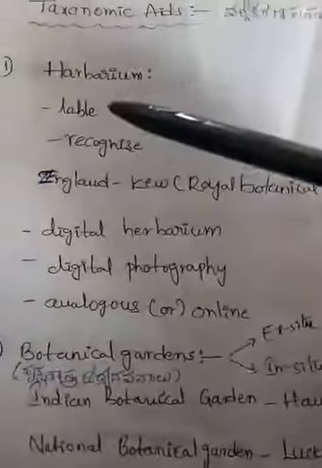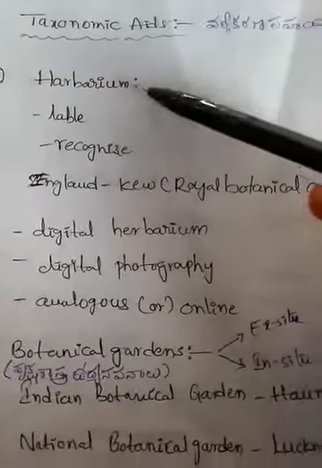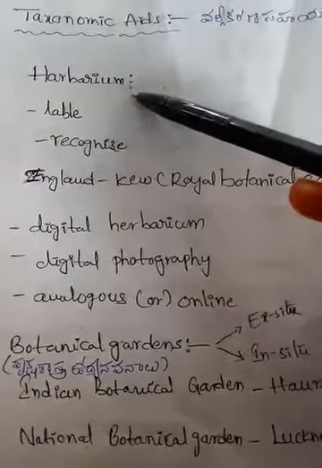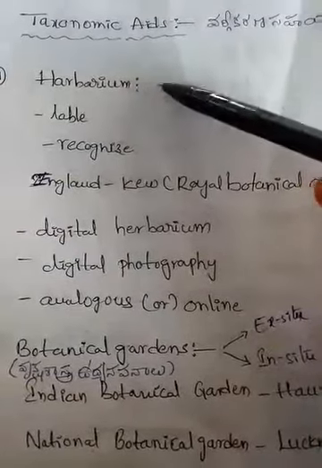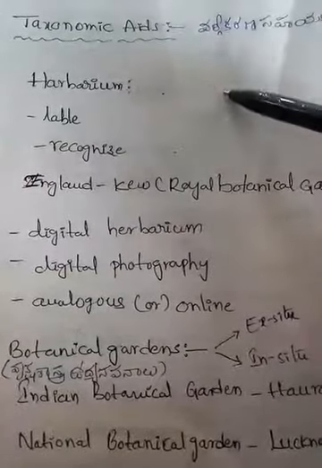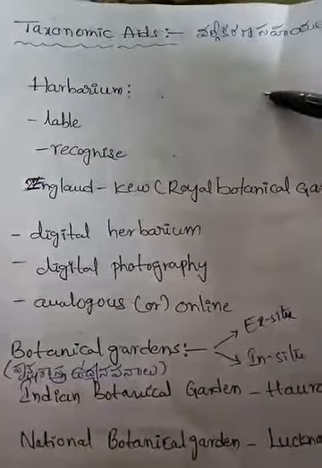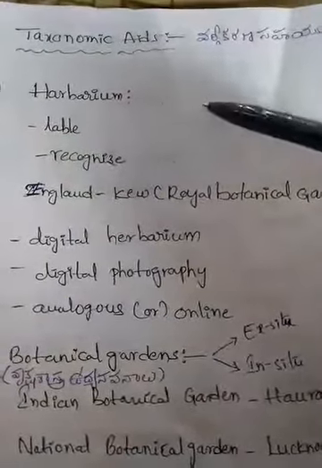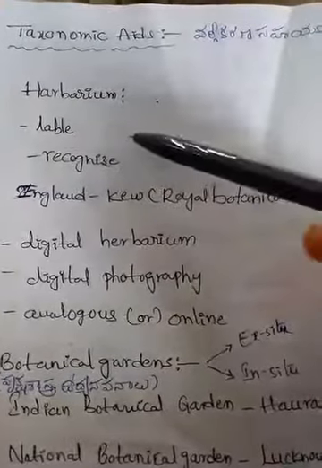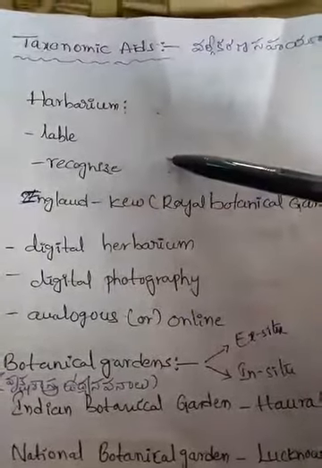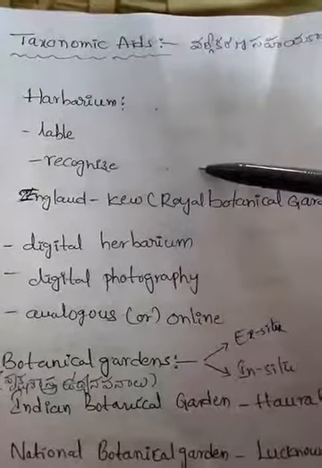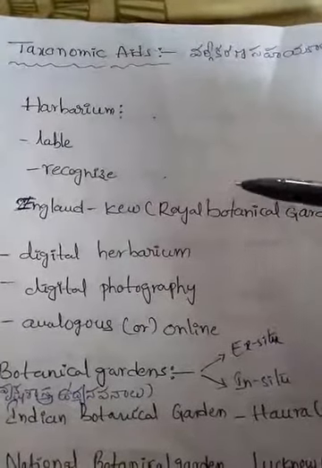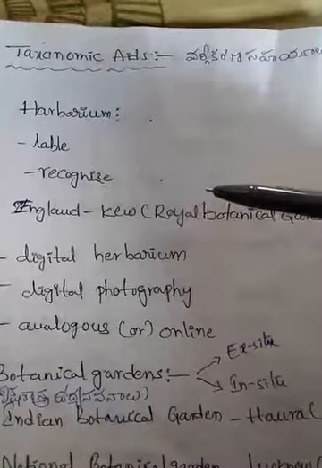Now we see the first one, herbarium. Do you know about herbarium? What is herbarium? It helps in easy identification of plants, and it helps as a quick reference for plants. A herbarium sheet contains the regional name and biological name, and particularly the place where the plant was collected.